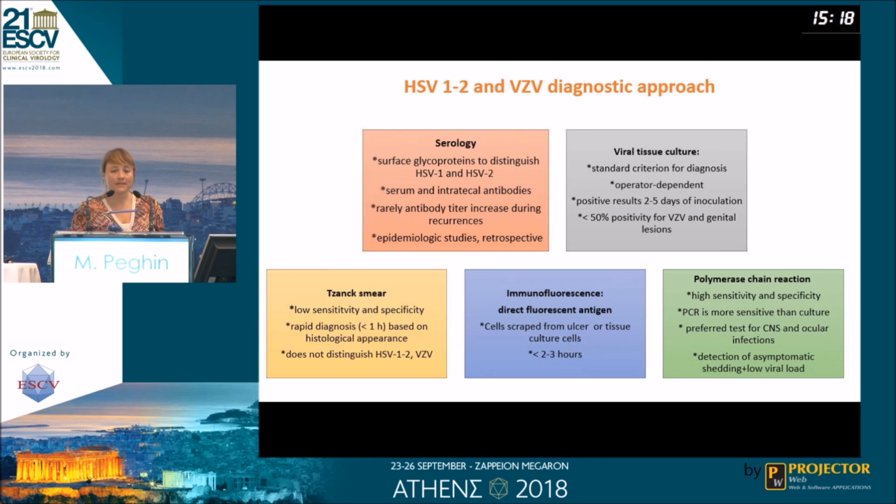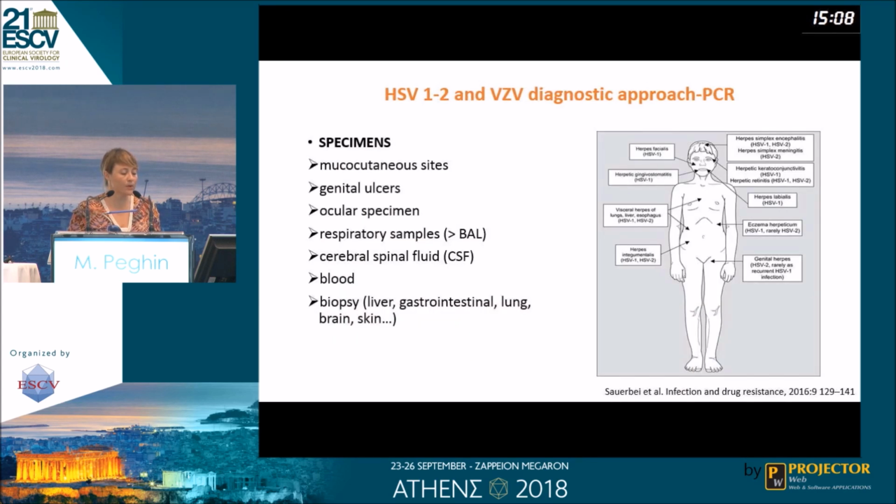The most important aspect is that it can detect asymptomatic shedding in different samples, also with low viral load. So, the approach with PCR in different clinical specimens allows us to discover new interesting perspectives in clinical practice and research.